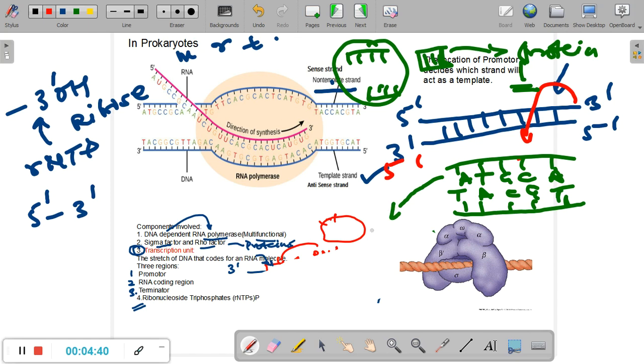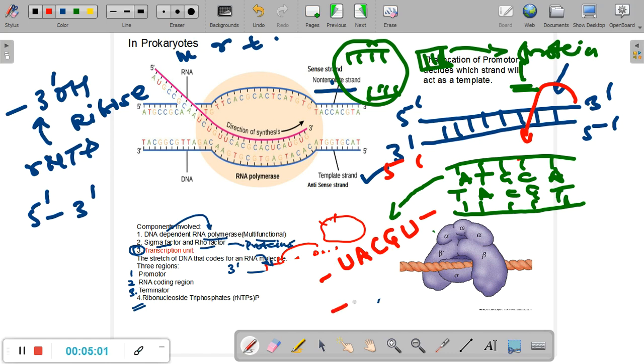The RNA strand will have A as U, T as A, G as C, C as G, and A as U. So this is the RNA strand which will be generated from the upper one. From the lower one, what will be generated?